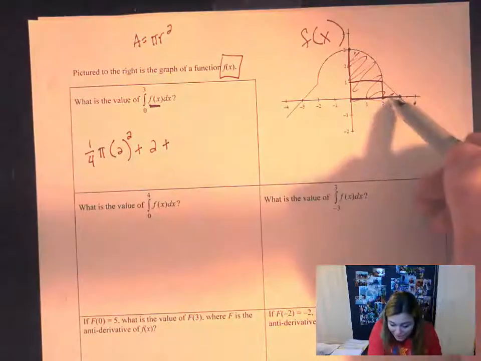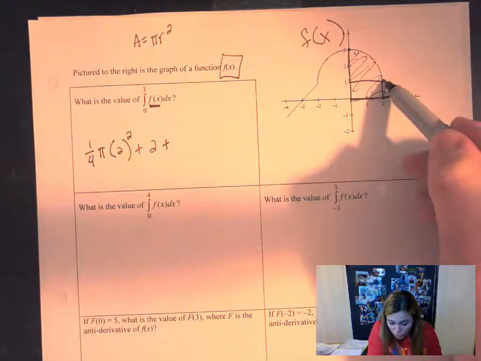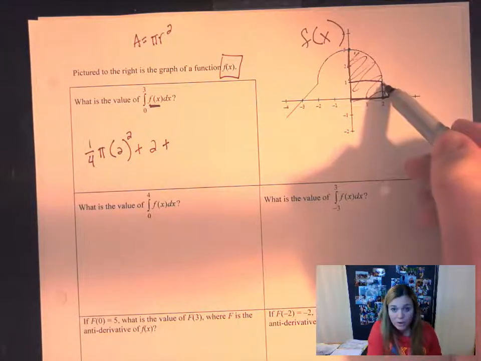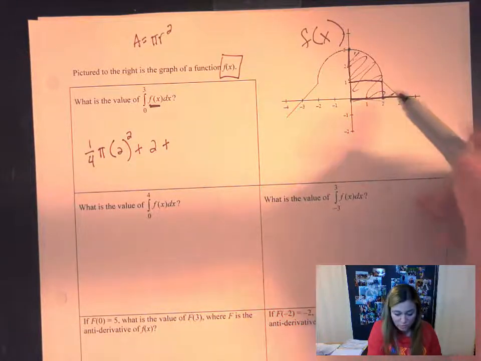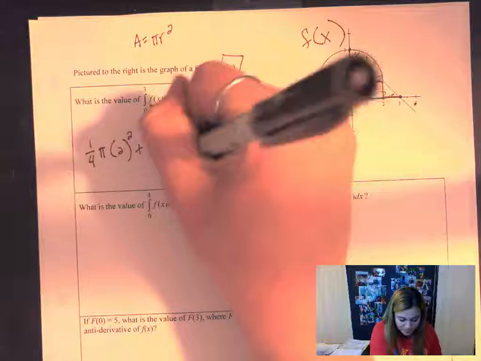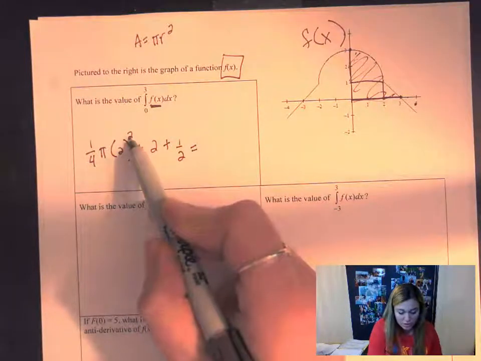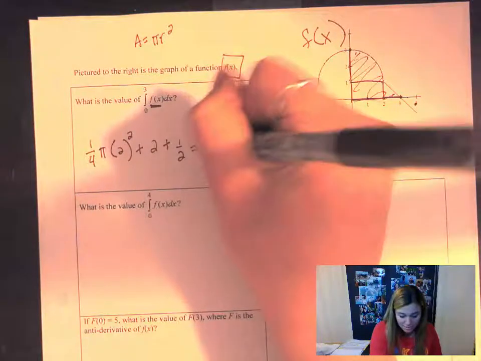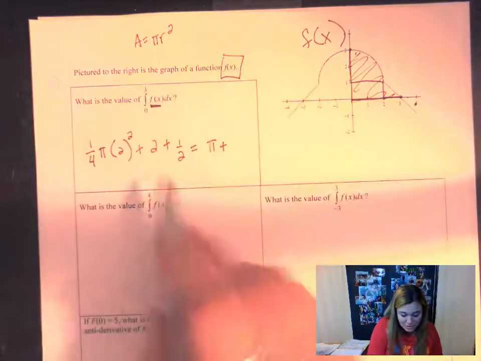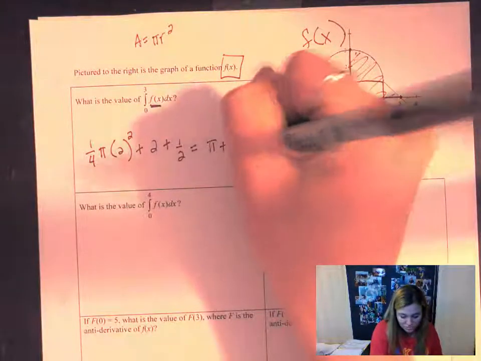Plus this one, I can see from 2 to 3 would be 1 unit, this is 0 to 1 on the y-axis, so this would be 1. This region though then would be a half. I put all this together. 2 squared is 4 times 1/4 is 1. I get pi plus 2.5, or I can say 5/2.